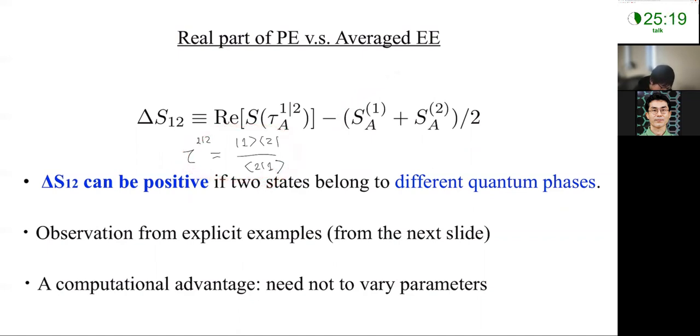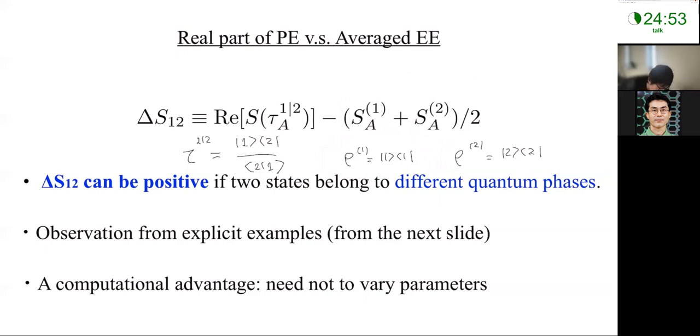And this averaged entanglement entropy means that we have two density matrices, and from these, we can define the entanglement entropy for the first state and the second state. So the average entanglement entropy means the average of the entanglement entropies associated with the two states belonging to the original pseudo entropy.